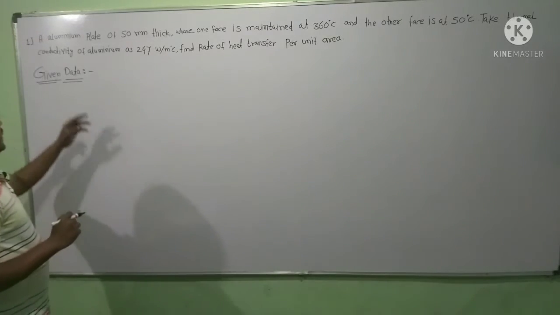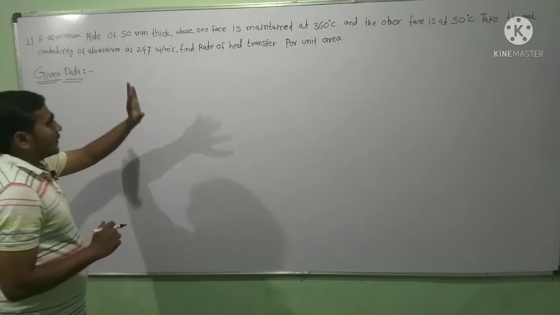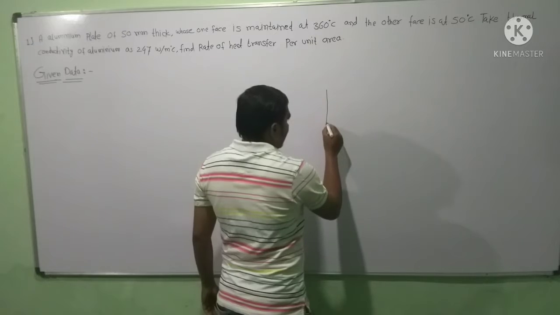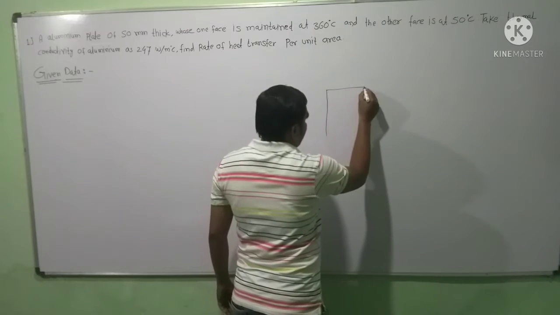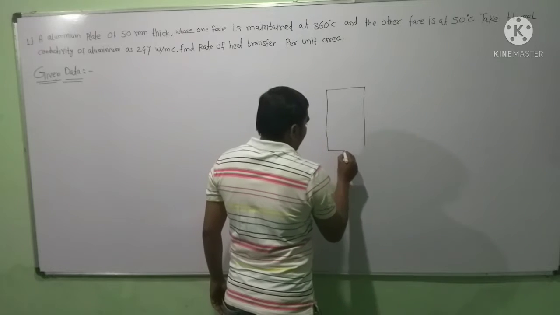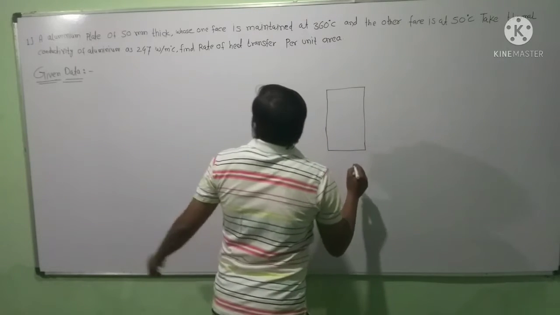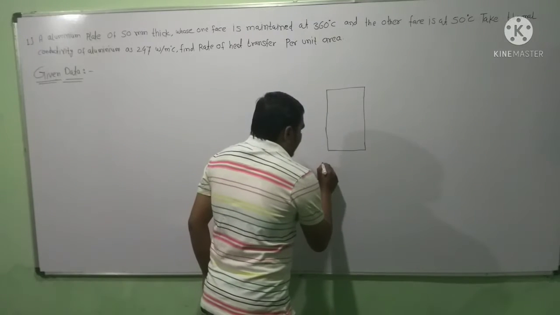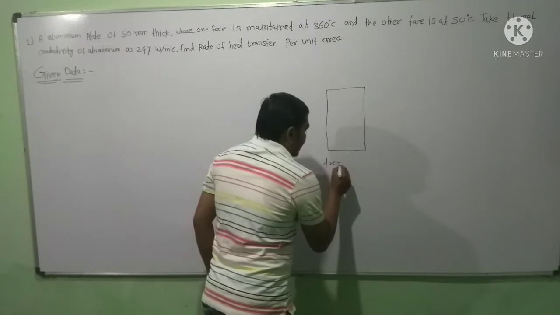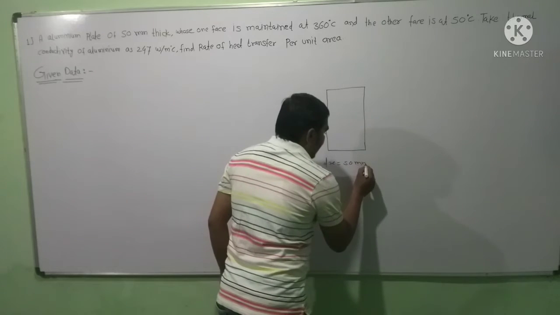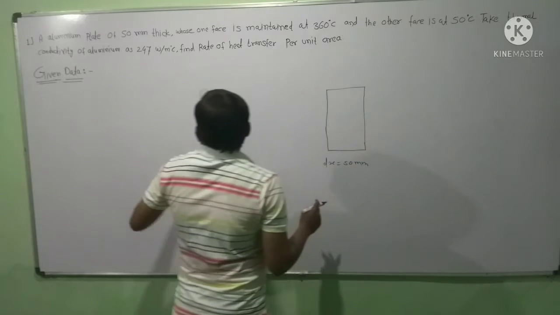So, an aluminum plate has been used in this numerical. This is the aluminum plate of 50 mm thickness, and that thickness has been given. We will write that thickness as dx, that is 50 mm.